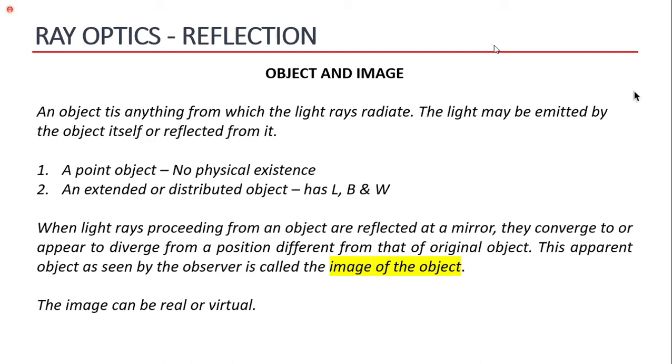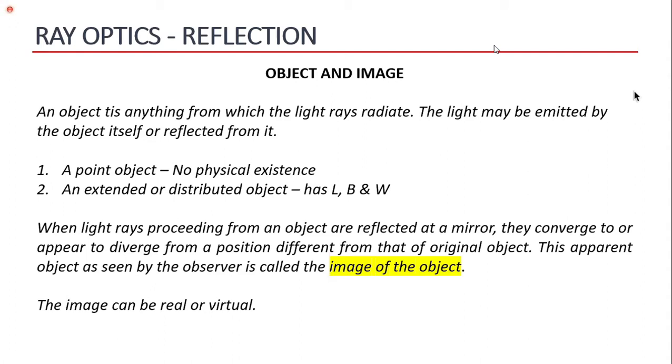All these rays will converge at one point and we get an image. But if your object distance from the mirror is changing, then the nature of the image also changes.